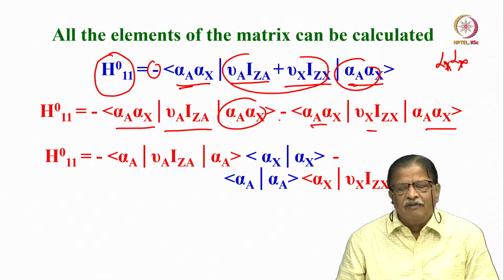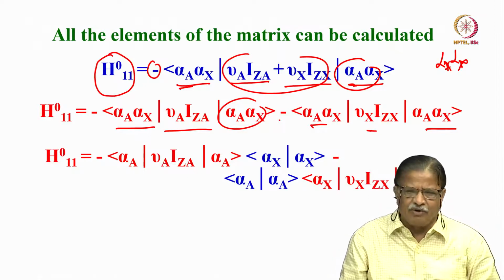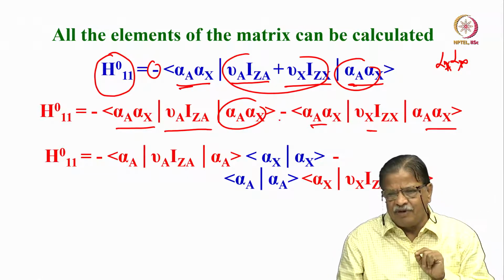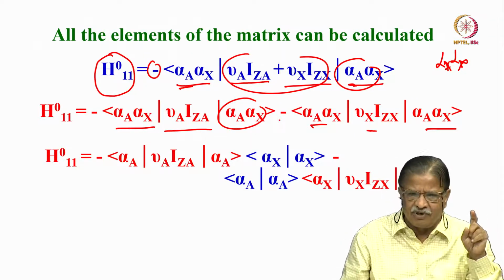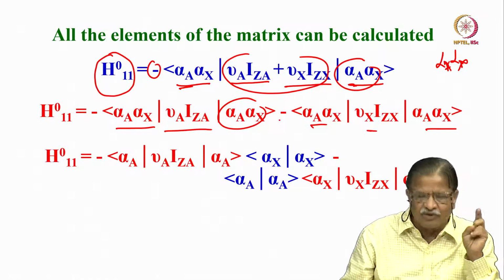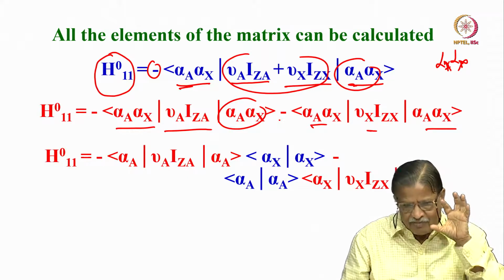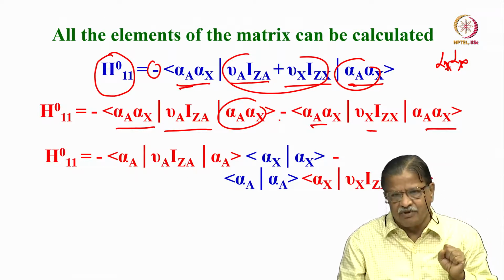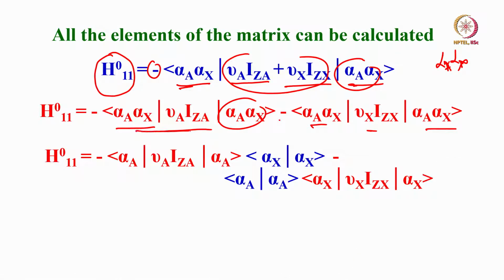Now we apply what we just found out, the operating rules: when I z operates on alpha, or I z operates on beta, the action of the different terms, simply remember that, and we use those to evaluate this. Now further, since nu A is dealing with only alpha A, alpha X I can take out, because I am not dealing with X spin here.